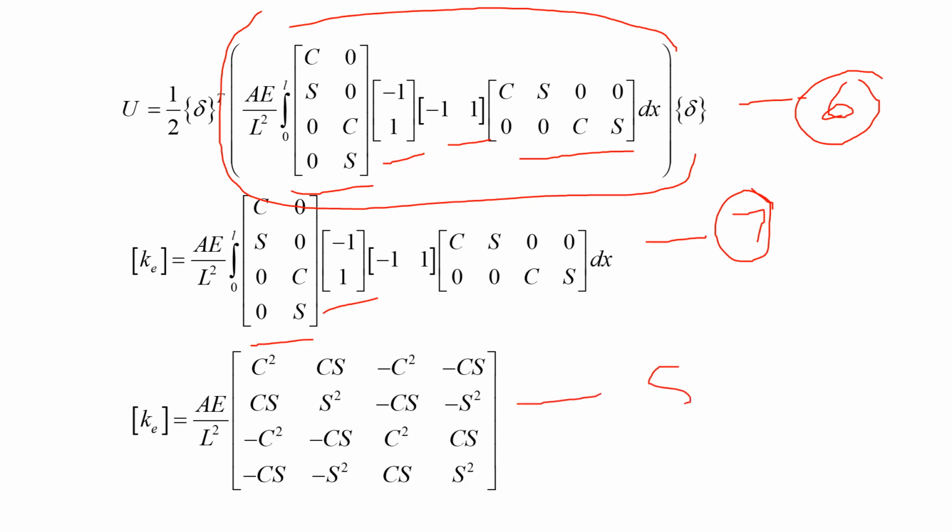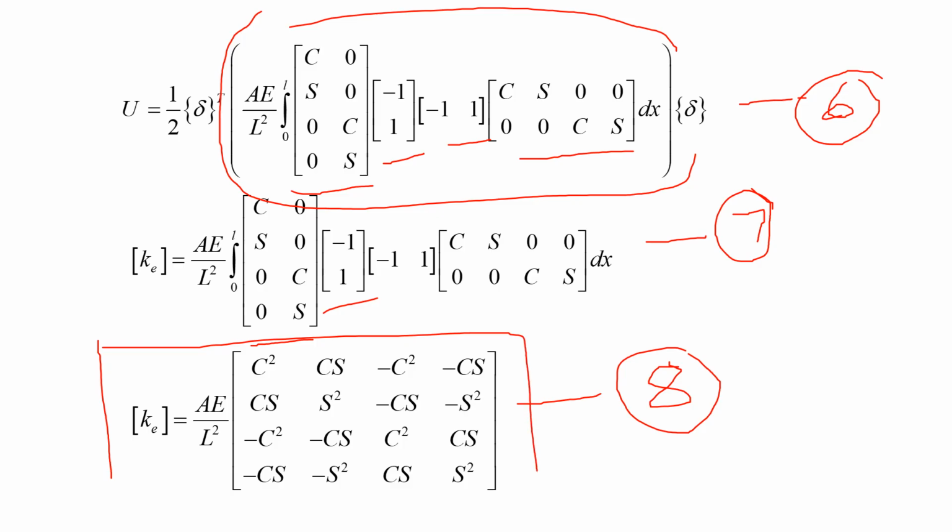This is matrix number 8: AE by L squared into C squared, C S. This matrix is called the element stiffness matrix. This is the important matrix to solve trusses by using the finite element approach. Once we know this derivation, the remaining things are very easy.